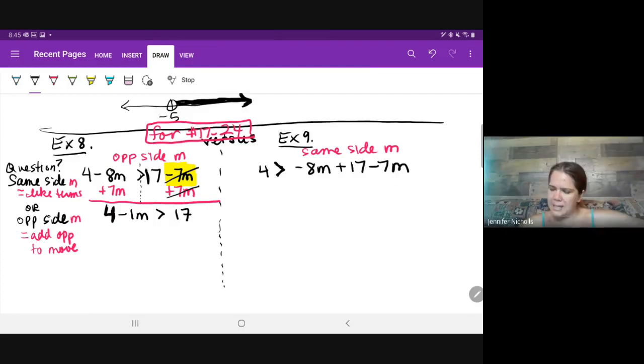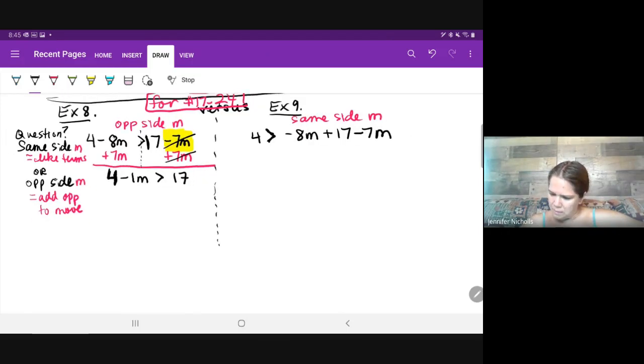I moved it because I like my letters on the left. So let me write this below. I'm going to put preference down here, okay? So my preference is letters on the left and numbers on the right.